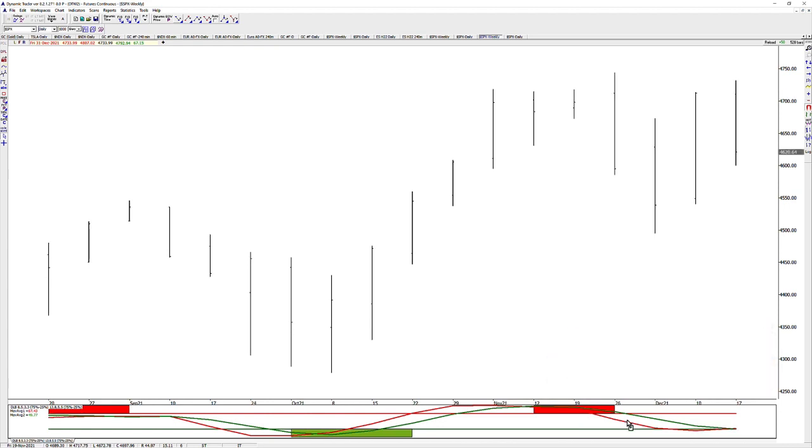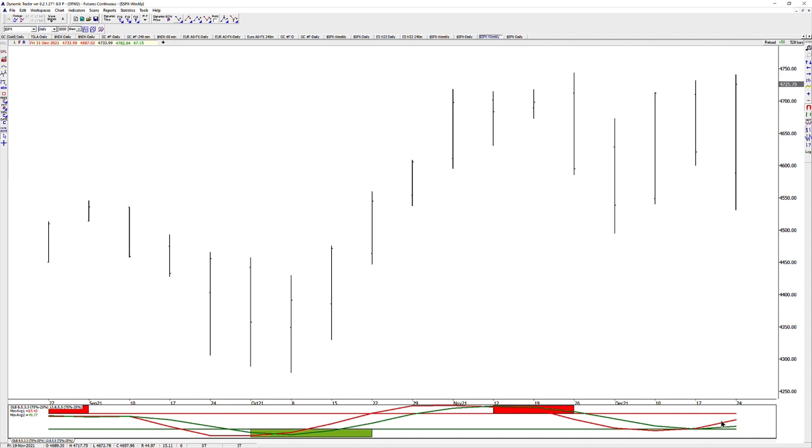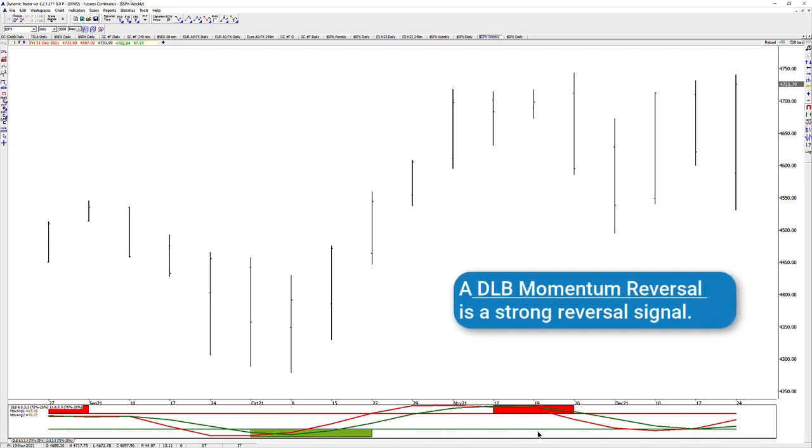For instance, this bull reversal was made, and it wasn't dual look back because you can see it's not green. But when the momentums are in a position where they're dual look back oversold or overbought, and it makes a bear reversal or a bull reversal, it's a real high probability reversal, very significant.